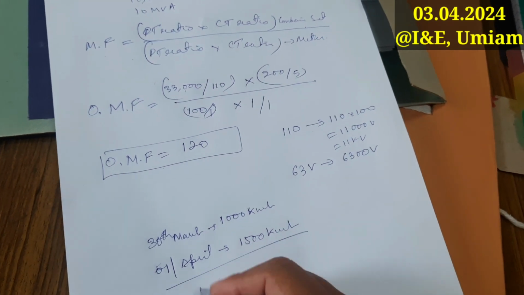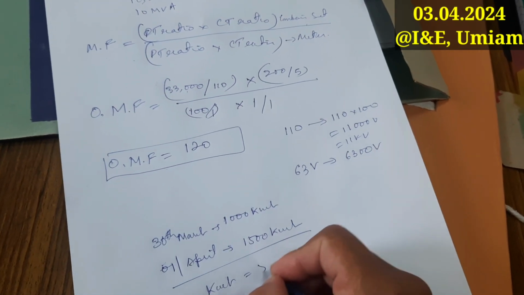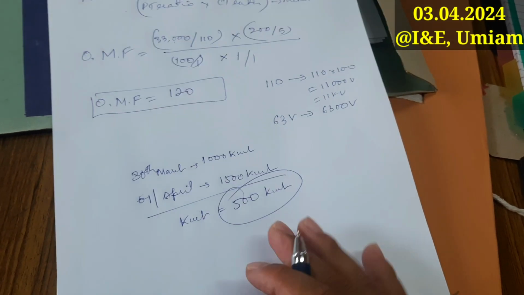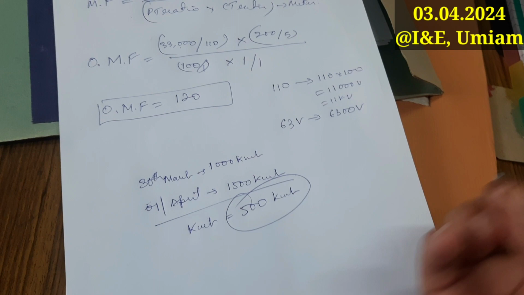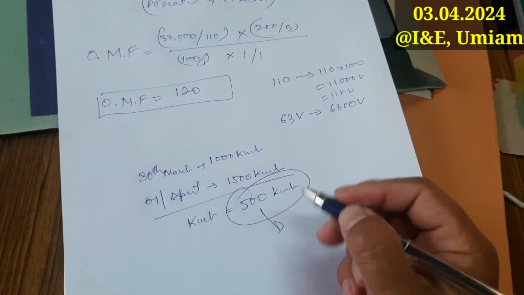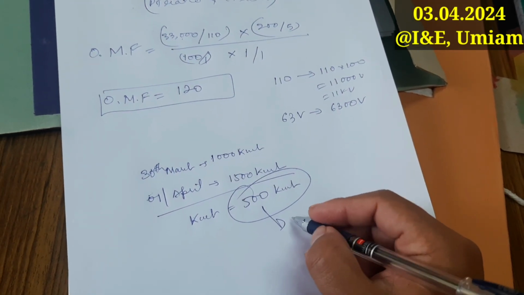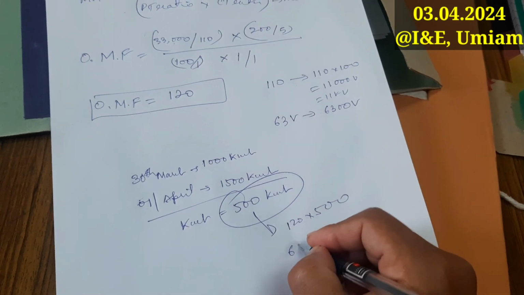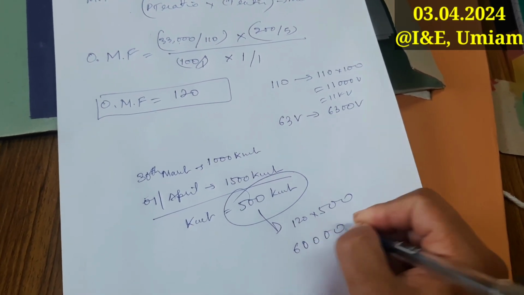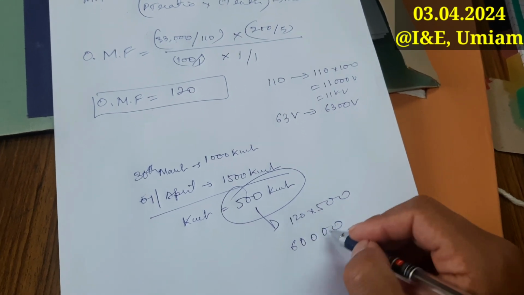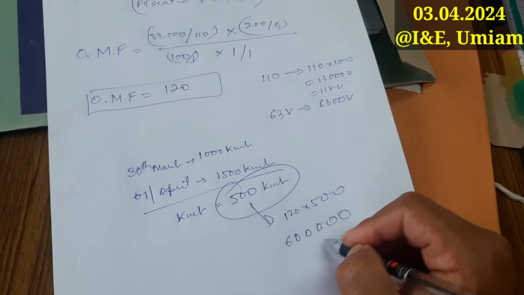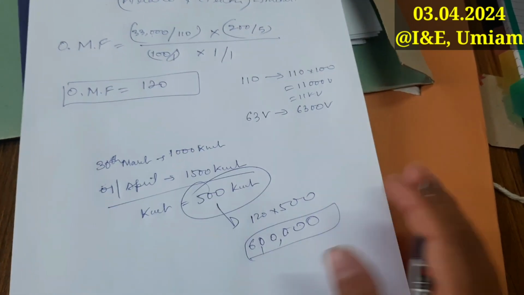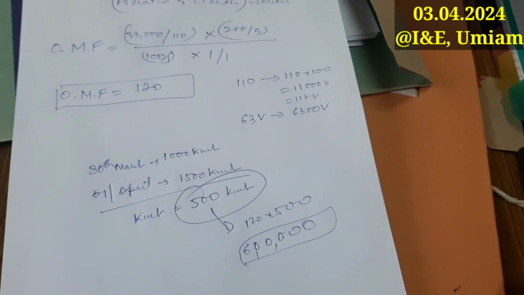Then you get 500 kWh. This kWh is the unit of energy, the power consumption. If you multiply it with your O.M.F, 120 into 500, you get 60,000. So this much energy has been consumed.